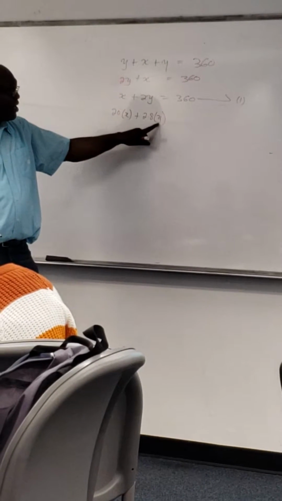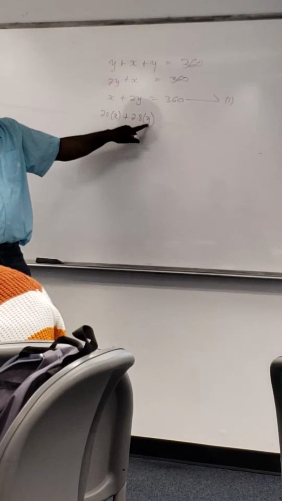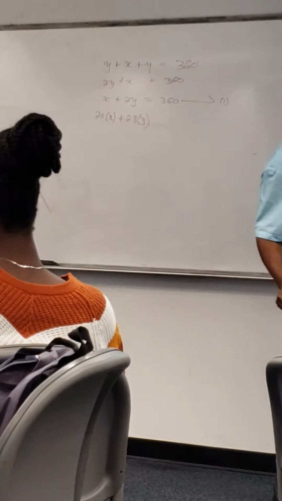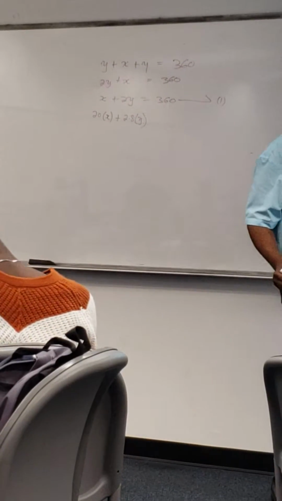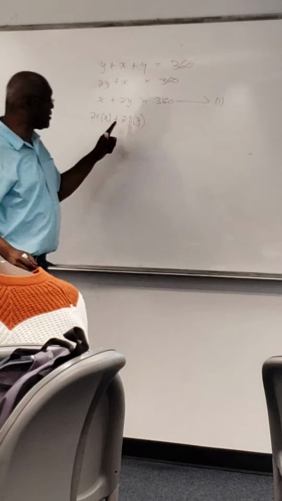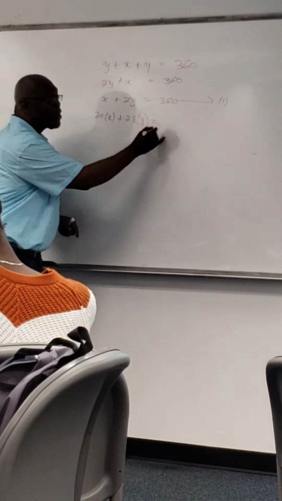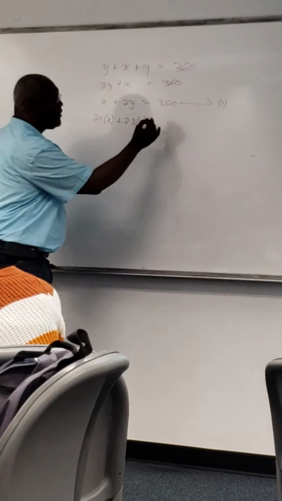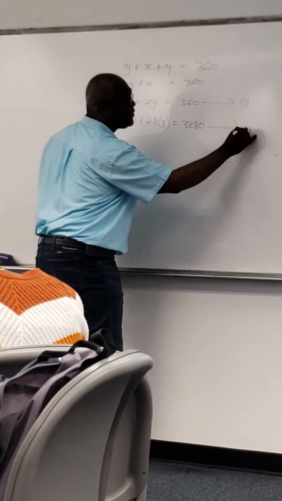The cost for the width: it's 2y, y plus y, that's 2y, right? And it costs $8. And the total cost comes up to how much? $3280. So this is your second equation.